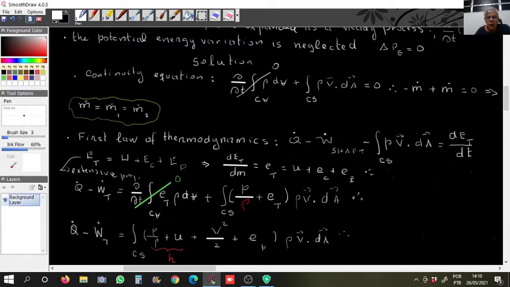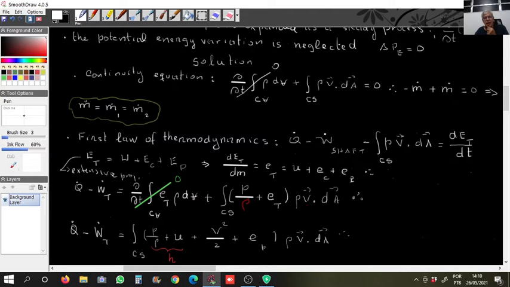I'll start the solution using three laws: the continuity equation, which is the law of conservation of mass, the first law of thermodynamics, and the second law of thermodynamics, to solve this problem.